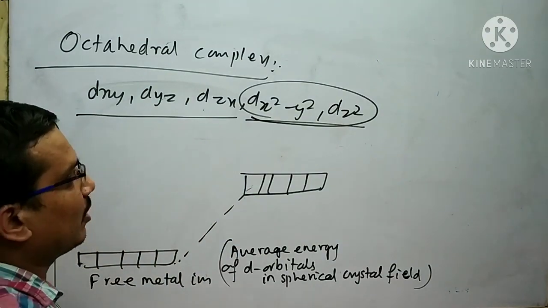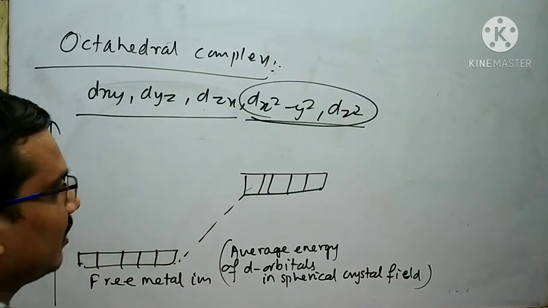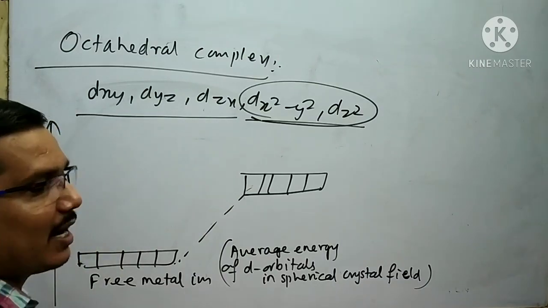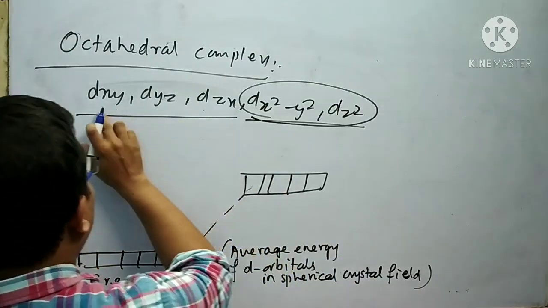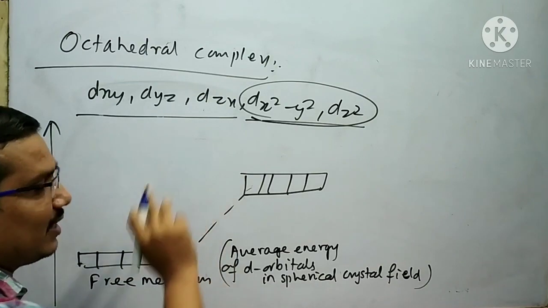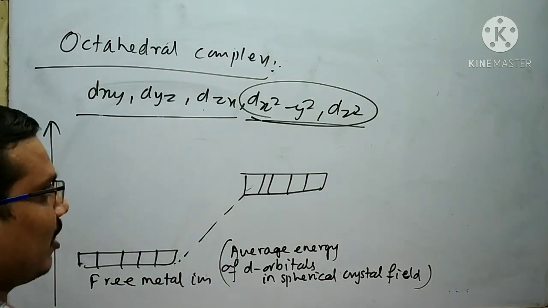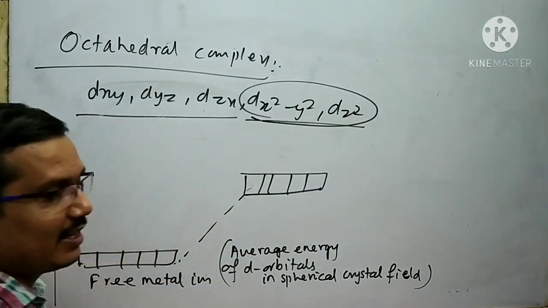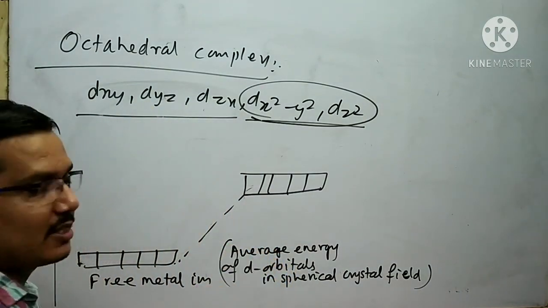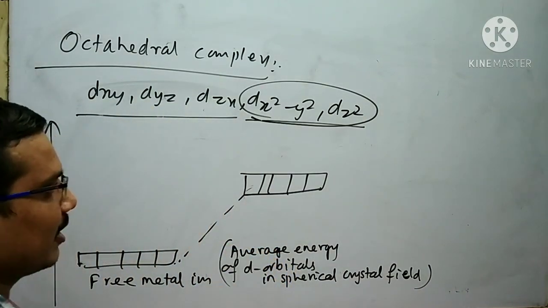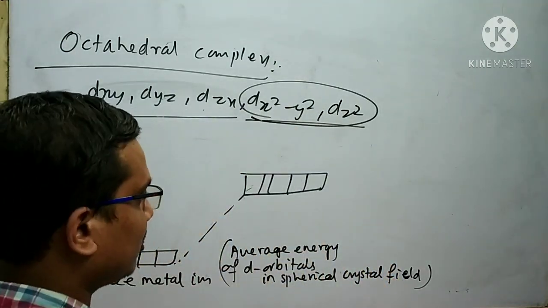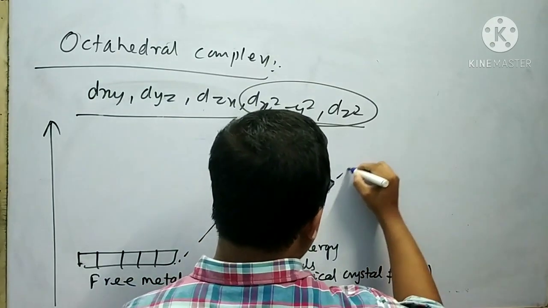After the formation of the octahedral complex, the dx²-y² and dz² orbitals have higher energy than the dxy, dyz and dzx orbitals, because the dx²-y² and dz² orbitals feel more repulsion by the ligand. So here the degeneracy is lost.